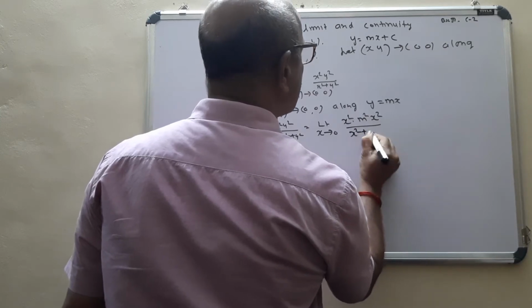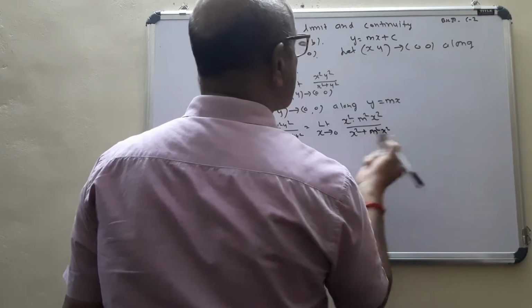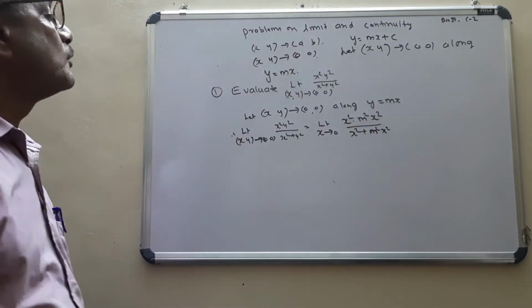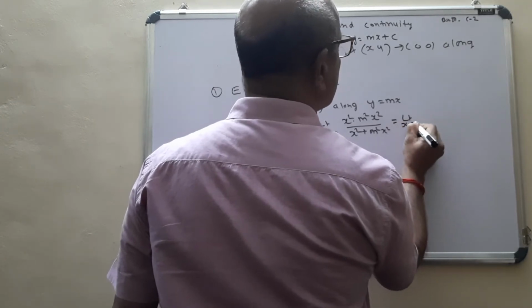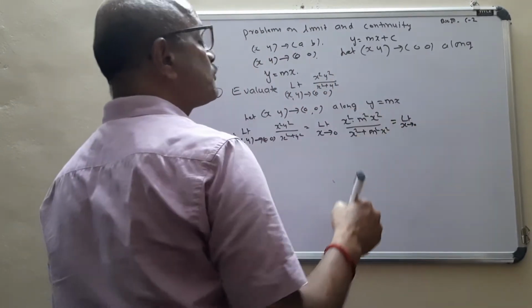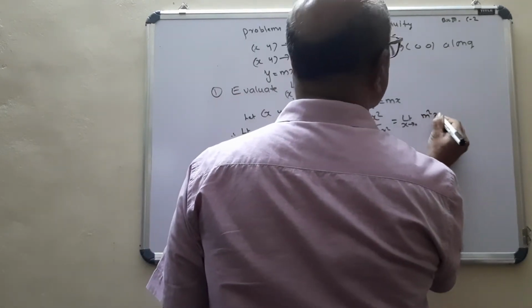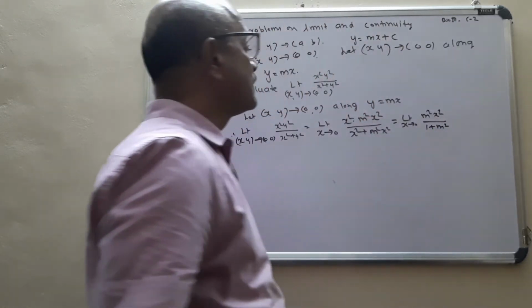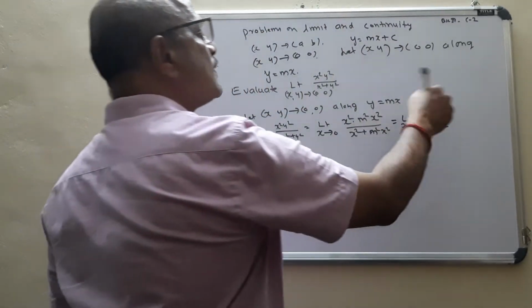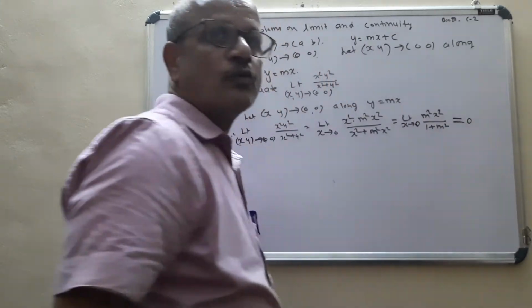Here again, y is replaced by m squared x squared, and you can evaluate this limit further. Limit x goes to 0, here x to the power of 4 cancels and you are left with x squared m squared divided by 1 plus m squared. Now when you substitute x equal to 0 here, this is equal to 0.